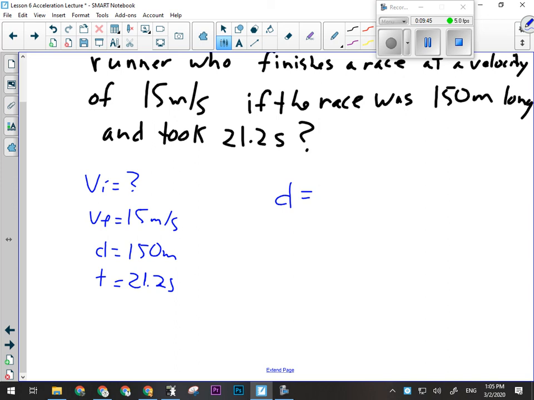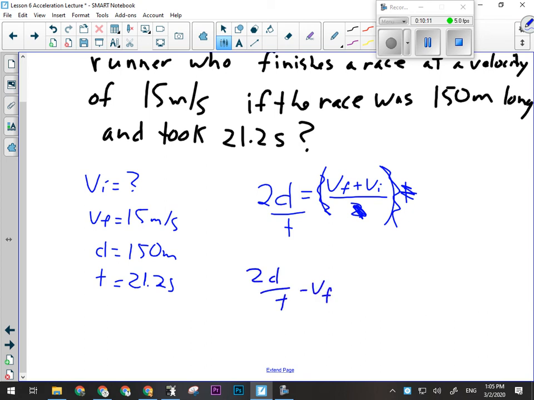The only formula I have that can do this is the one that uses average velocity, provided there's uniform acceleration, times t. If I want to get VI by itself, the first thing I need to do is divide both sides by t. That'll get rid of my brackets. Then I'm going to multiply both sides by 2, and then I'm going to subtract VF. So I'm going to have 2 times D over T minus VF will leave me with VI.